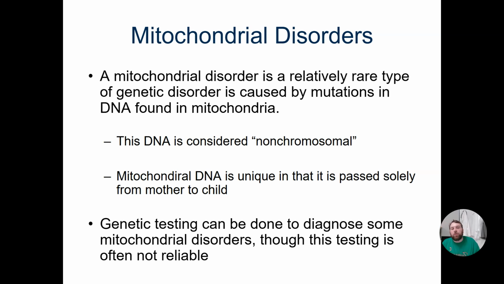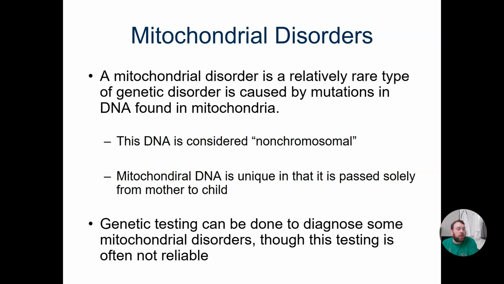Finally, a mitochondrial disorder is relatively rare, but it is something that can happen with mutations found in the mitochondria. Your mitochondria has its own set of DNA inside of it. It's non-chromosomal because it's not bundled up into the 46 shapes or anything like that.